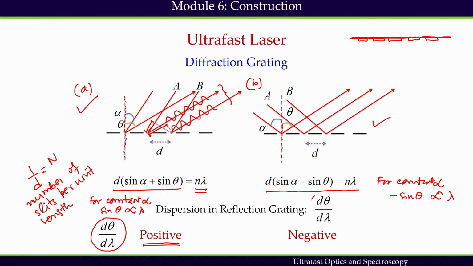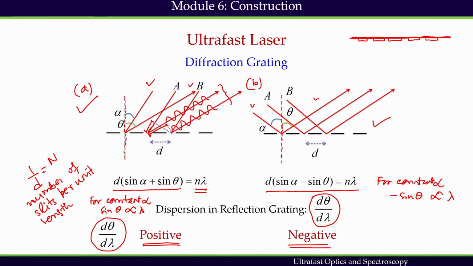So, d theta d lambda is going to be negative. To remember whether d theta d lambda is positive or negative, we just have to remember whether the incident beam and the diffracted beam are on the same side of the surface normal, or on opposite sides.